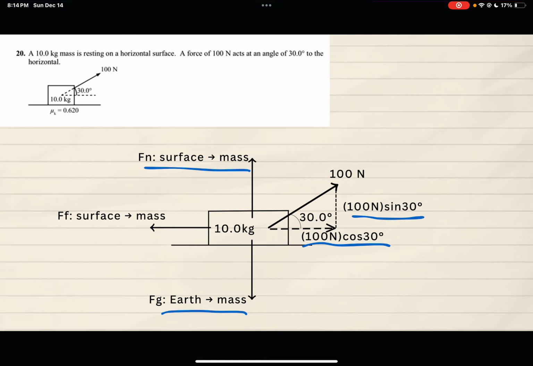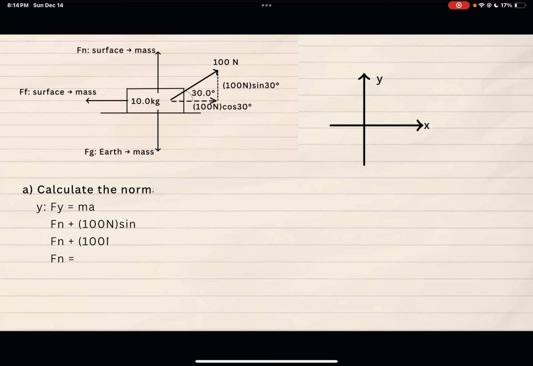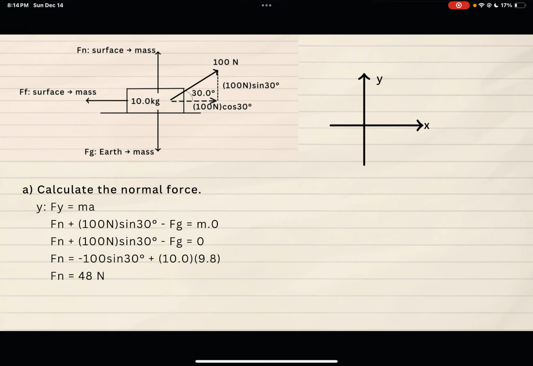We also have a force of friction acting in the opposite direction of motion. Before jumping into the calculations, I define up and right as positive directions.